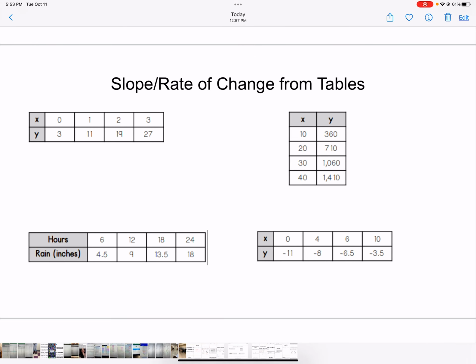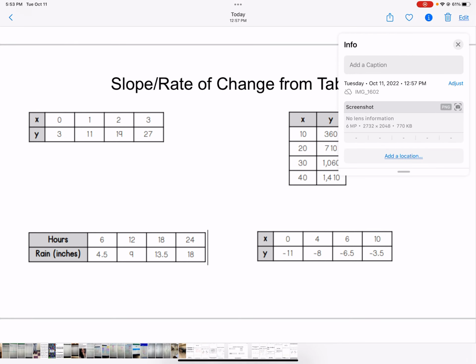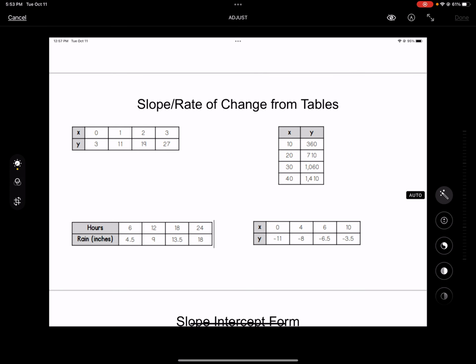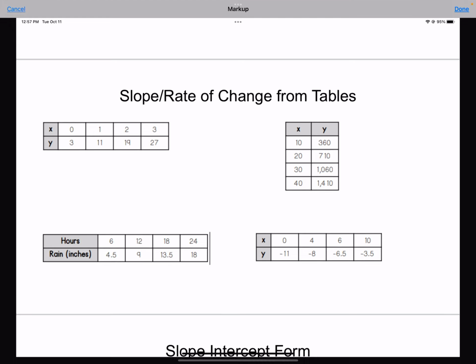Same thing with tables. A table is just a set of ordered pairs. It just happens to be in a table form. What you're going to do here, you can choose to pull 2 points out, stack and subtract, or you can circle 2 points. I'm going to circle, whoops. Sorry about that.